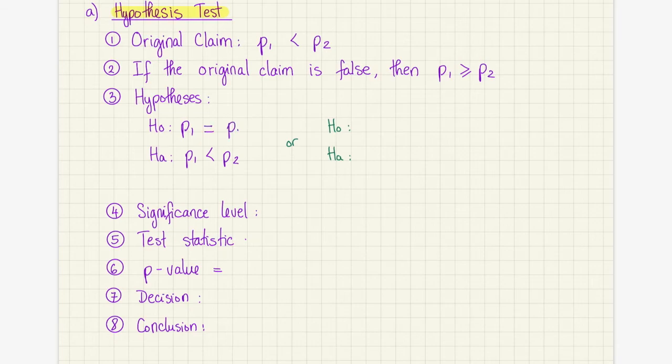HO always contains equal sign. Or my HO can be P1 minus P2 equals 0, and HA is P1 minus P2 less than 0. This contains less than, so this is a left tail test.